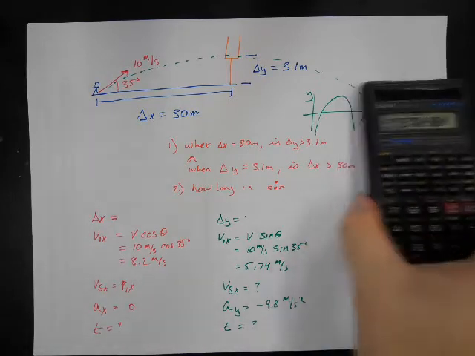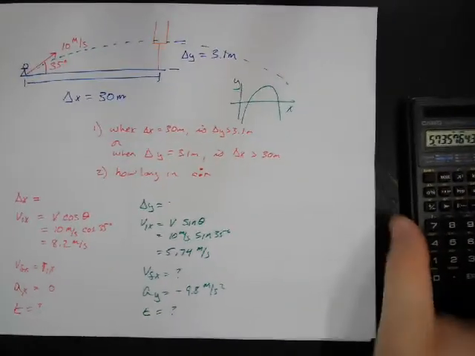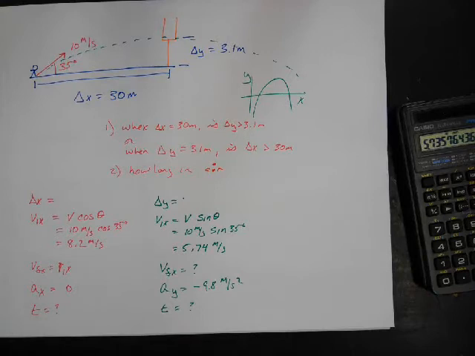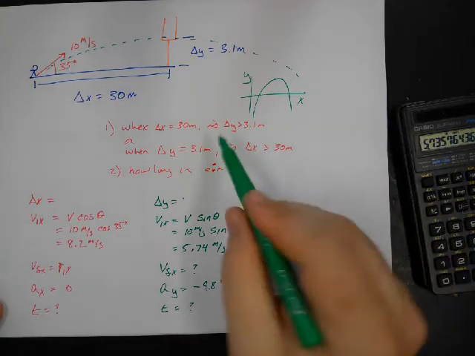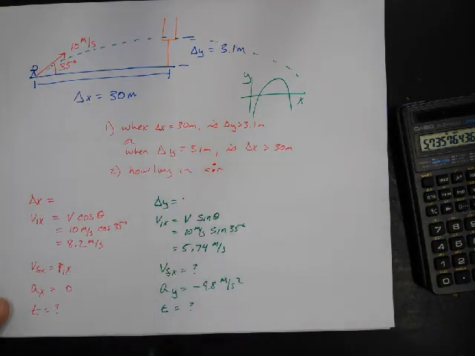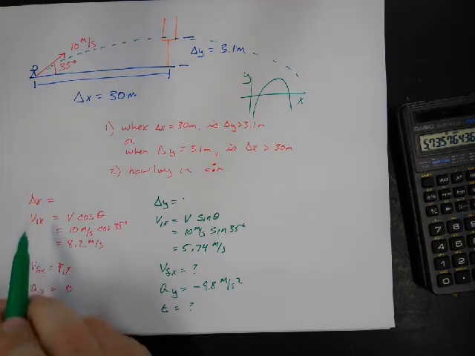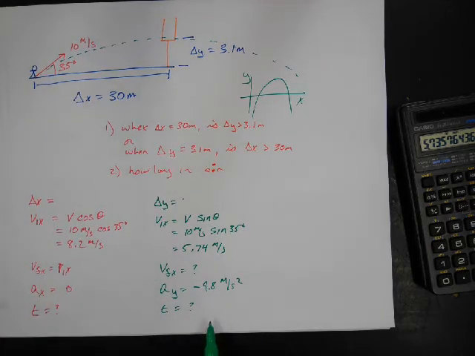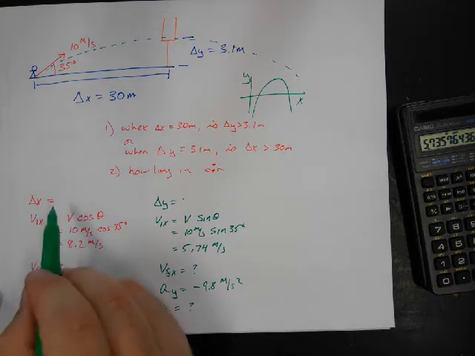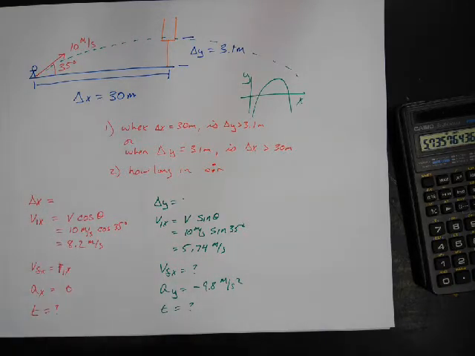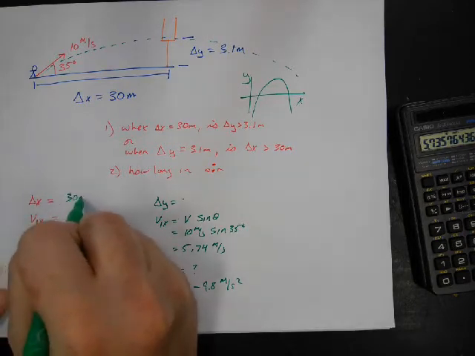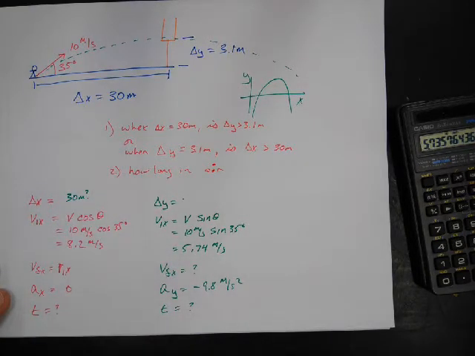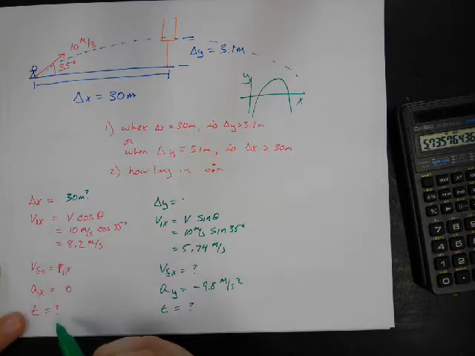So what we can do, as we're trying to solve this problem, is say, when does it get to 30 meters? And then use that to say, is it in the right spot? So what we'll do is separately say, is it 30 meters? And then we'll find the time. And that we can deal with.